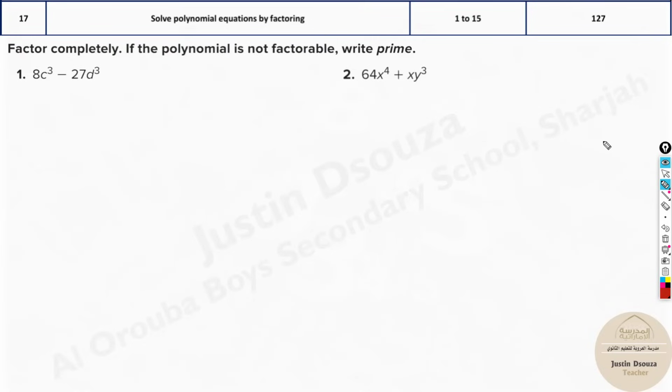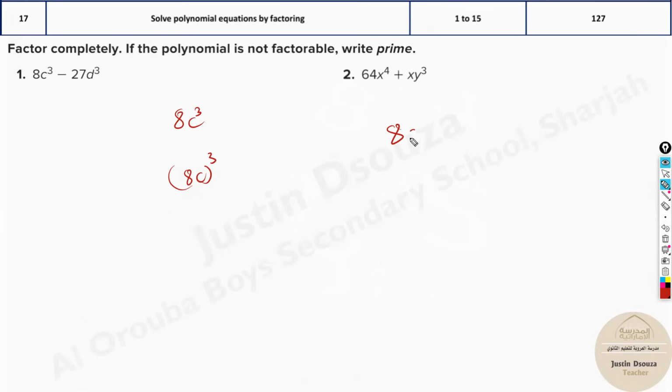Now let's solve a few problems here. 8c cube minus 27d cube. So you need to make the whole cube over here. See, the constant is there, right? Now it's only this. This and this are two different things. If there is bracket, it's a whole thing. Parenthesis makes it a whole cube. And then we can use the formula.